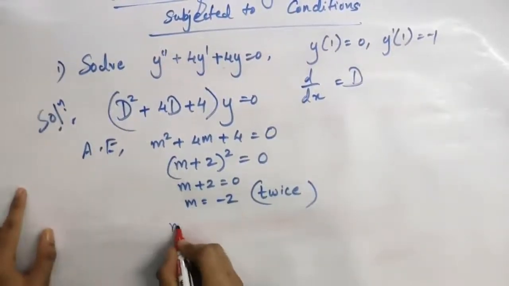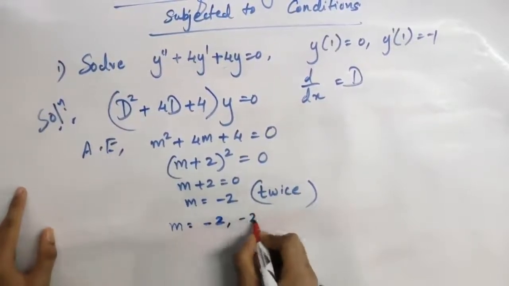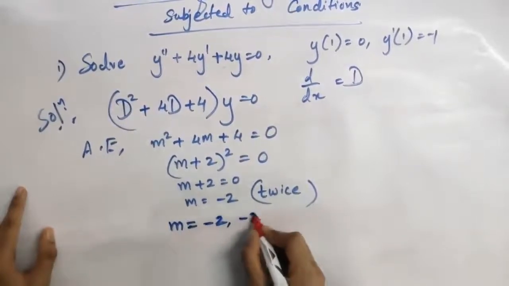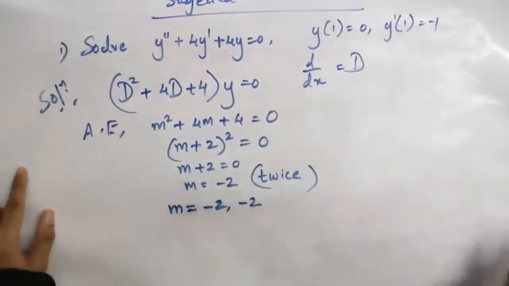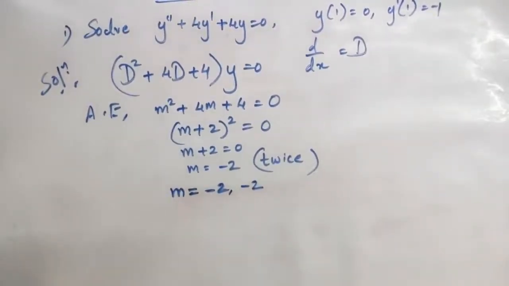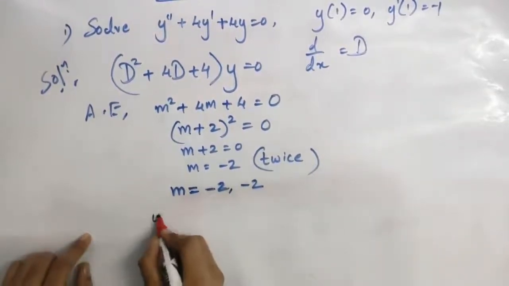So the two roots are minus 2, minus 2. These are the two roots of the auxiliary equation. Once you find the roots, since these two roots are real and equal, follow the pattern for writing your yc.